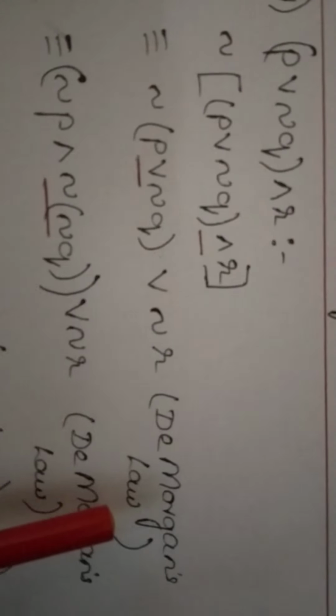You find that over here outside the bracket there is a conjunction given. So we find the negation of this conjunction, that is you form disjunctions from this. So in the next step, we get not P or not Q or not R. Remember, we have changed this conjunction into a disjunction, and the corresponding negation. Reason given, De Morgan's law.